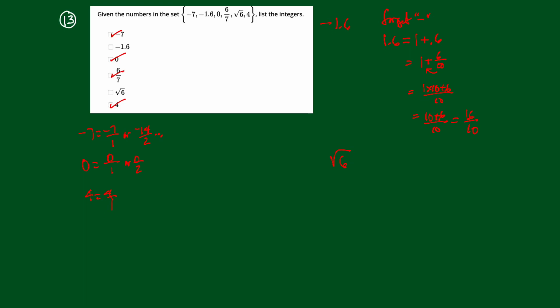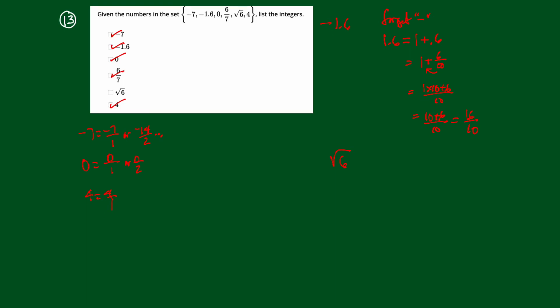This is just an integer over an integer. And if I just put the negative on it, it really doesn't change anything. So I'm going to claim now that this negative 1.6 up here at the top right is a rational number.